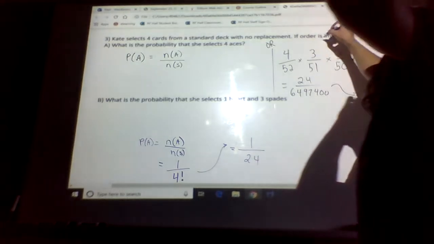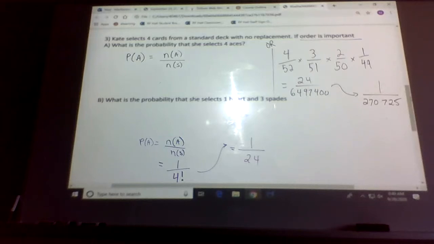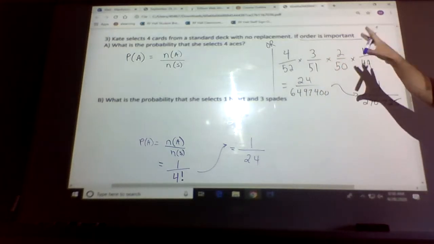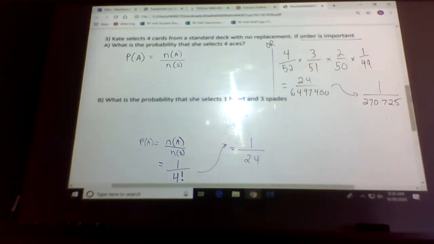Okay, a key thing here says order is important. That's going to distinguish whether we use permutations or combinations. So for this one, it's permutations, it's the P. This is a kind of longer way to look at it, though it's usually an easier way mentally. Most people could think this one out, but let's do it a different way.